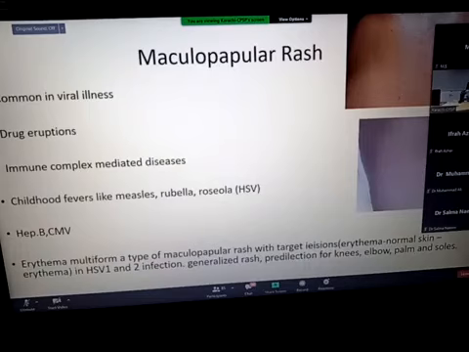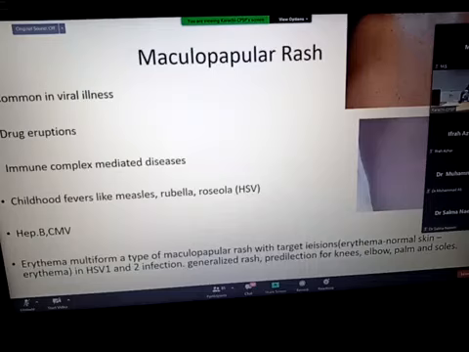And this slide is showing the maculopapular rash. Now we are discussing the different types of rashes which I just defined, to give you a good idea and some examples of the diseases. Maculopapular rash, which you can see in the picture as well, can occur in common viral illnesses, because of drug use, because of immune complex mediated diseases.